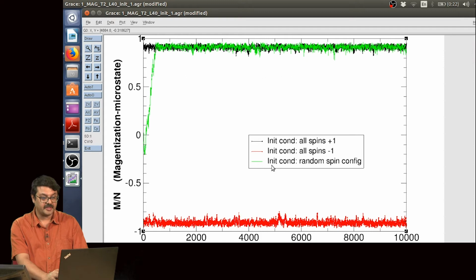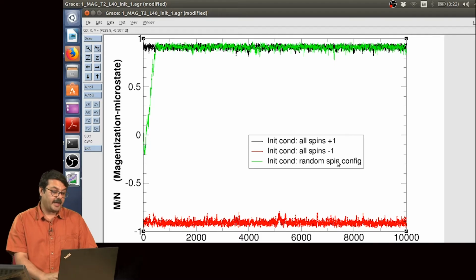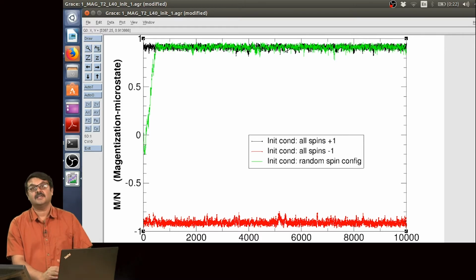So, it is a bit different from the previous one. This green graph is where the initial condition has been random spin configurations, right. So, half of the spins were pointing up and half of the spins were pointing down, and that is why it was around 0 at the initial condition, and as you do the Monte Carlo steps, it basically started fluctuating around 0.9, and that is exactly what we had discussed.